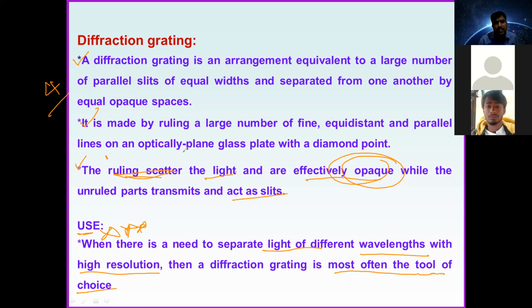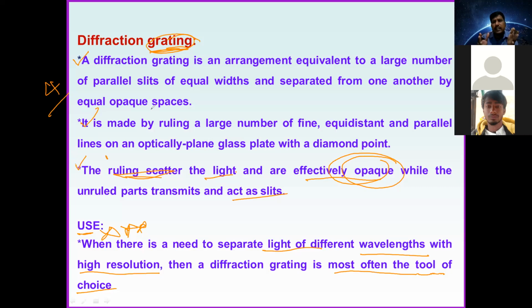So when we use the grating, what are the applications? When there is a need to separate light, like, you know that white light has 7 colors.